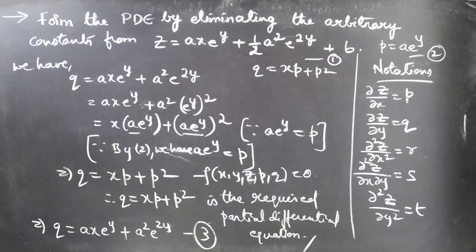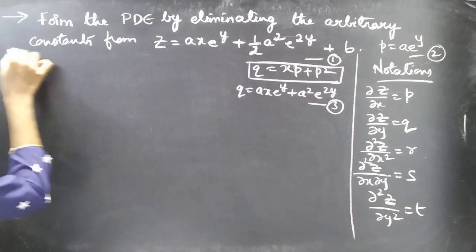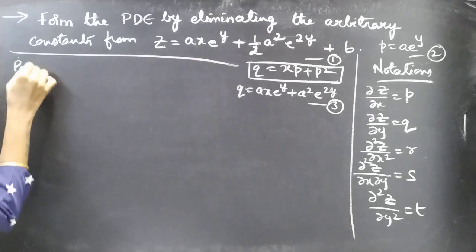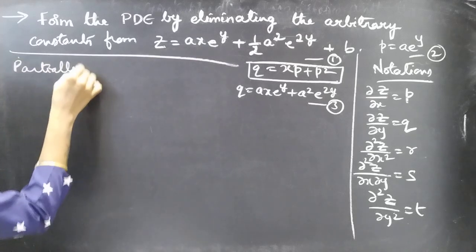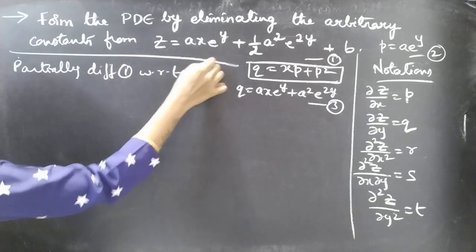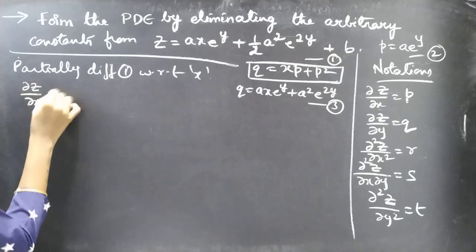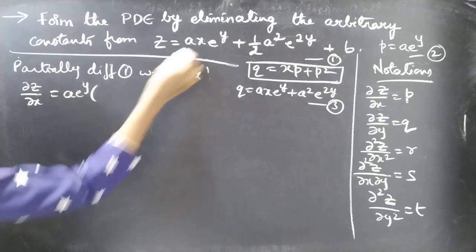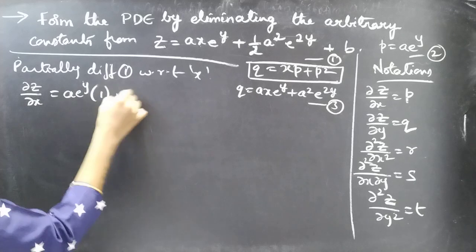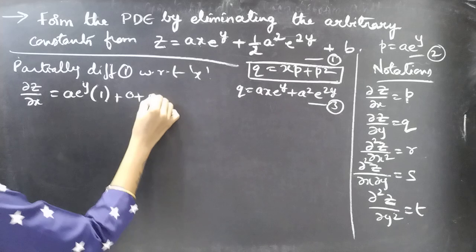Now let's see the shortcut, just by reducing the number of steps while finding partial derivatives of 1 with respect to x and y. Partially differentiating 1 with respect to x, dou z by dou x equal to a e power y into partial derivative of x with respect to x is 1, plus partial derivative of a constant with respect to x is 0, plus partial derivative of a constant with respect to x is 0.